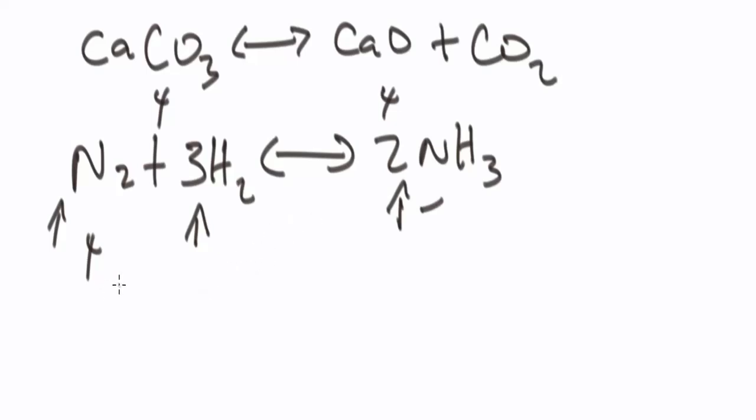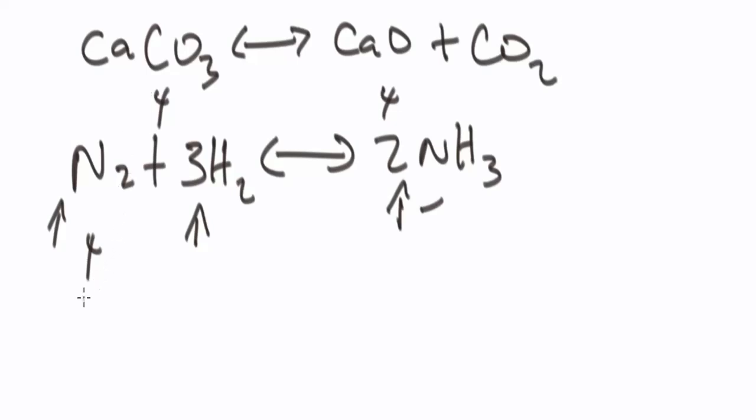Let's look at the effect of temperature on equilibrium position. When you talk about temperature, you're talking about heat. It's either heat is being evolved, released to the environment, or heat is absorbed from the environment. When heat is released, we call it an exothermic reaction. When heat is absorbed, we call it an endothermic reaction.